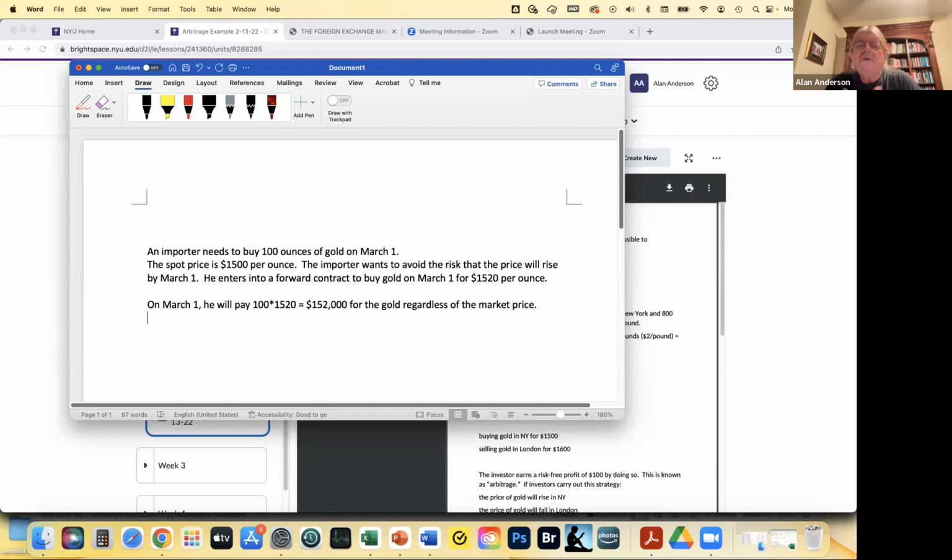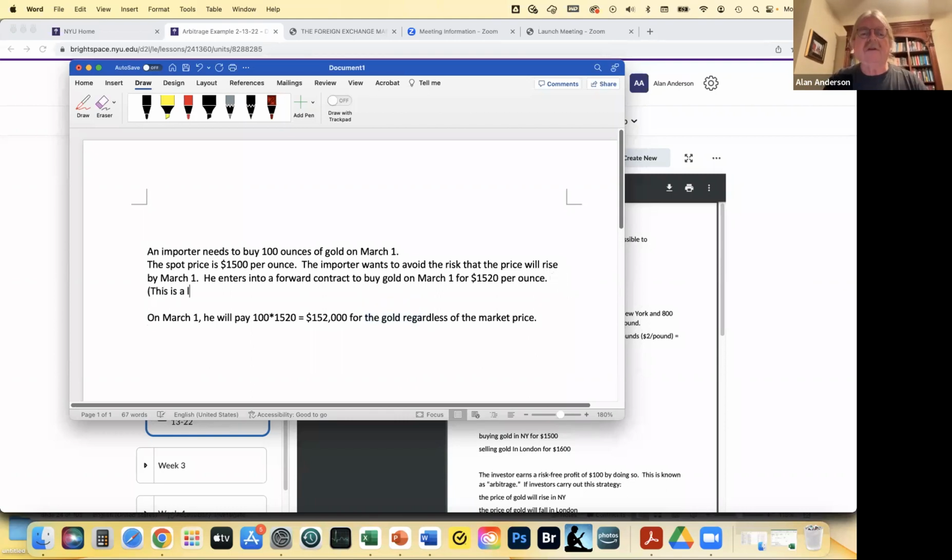Now, by the way, because we entered into a contract to buy gold, I'll just put in parentheses: this is a long forward position because we're buying. Now, an exporter, let's say a gold mining company, needs to sell gold on March 1st. They're just on the opposite side of this. Spot price is 1,500 per ounce.